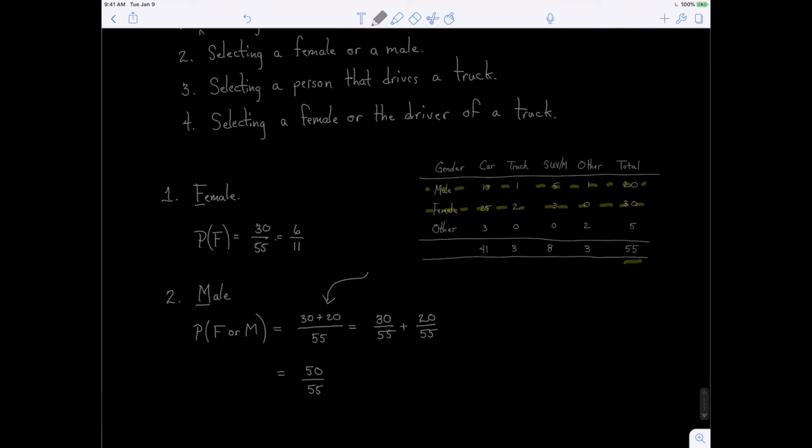Wait a minute, 30 over 55, we found that right up there. That's the probability of selecting a female. And the 20 out of 55 represents the probability of being a male.